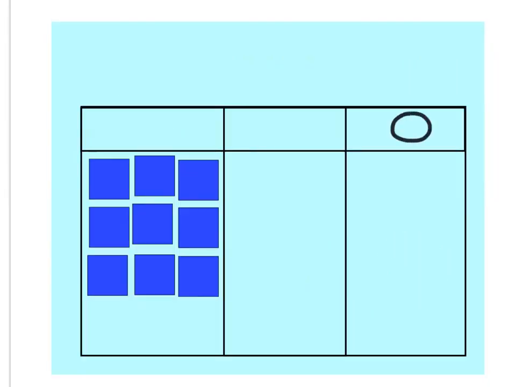Remember, here's the ones place, the tens place, and the hundreds place. So far, I have 9 hundreds. I'm going to add 1 more to make 10. Remember, it's not okay to have 10 hundreds in the same place. We can't have those in the hundreds place. So I'm going to have to take those and trade them to the next place on our place value chart.